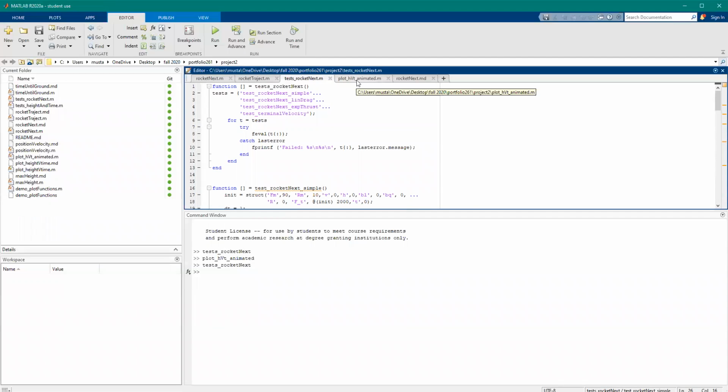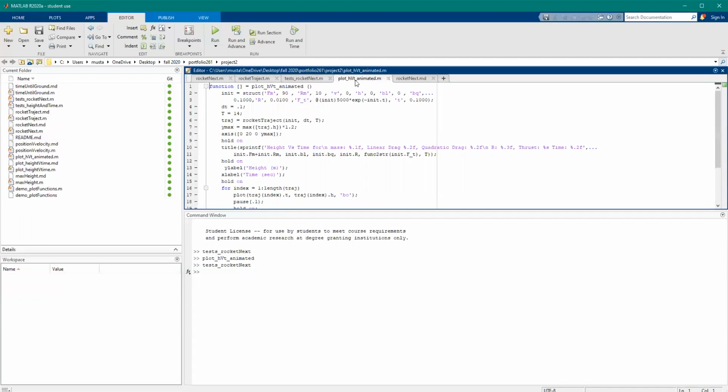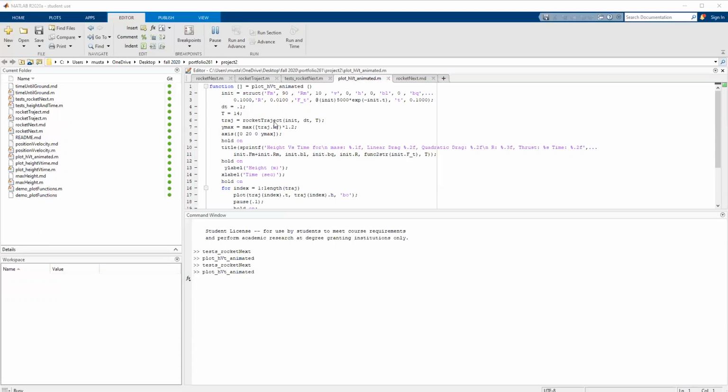And then we can go right ahead to the animation, and here it's just showing with set conditions how high the rocket will go until it loses thrust and fuel combustion, and then just goes all the way down and lands back.